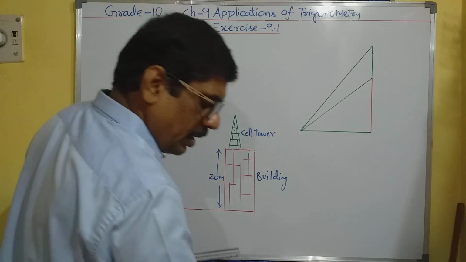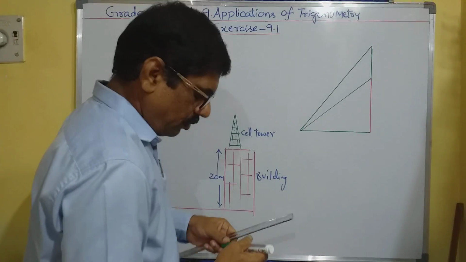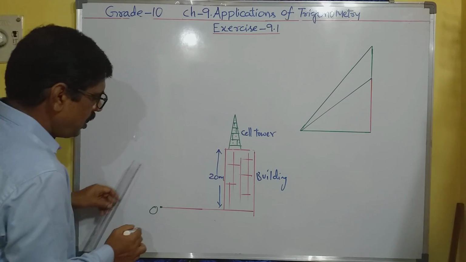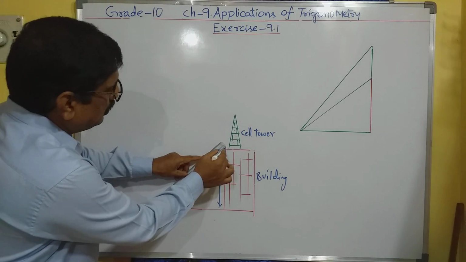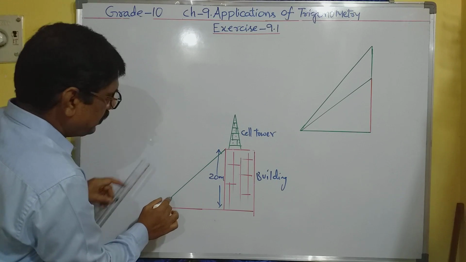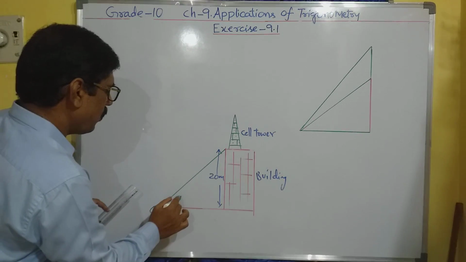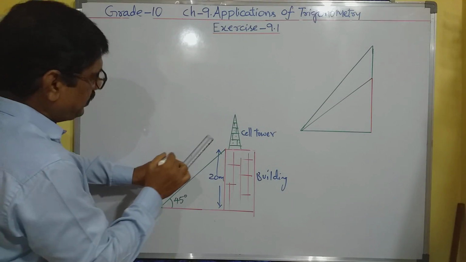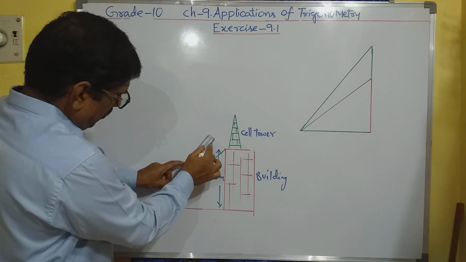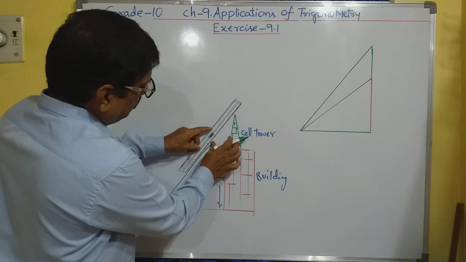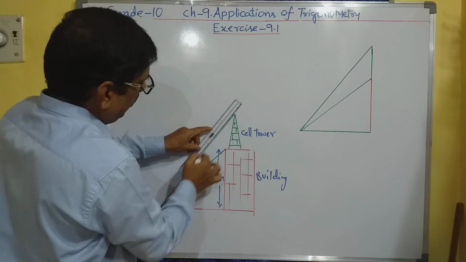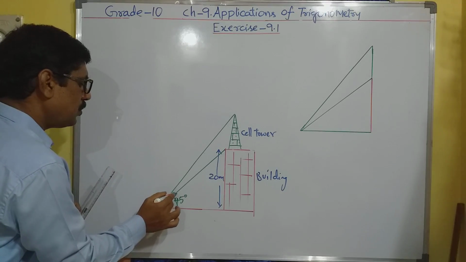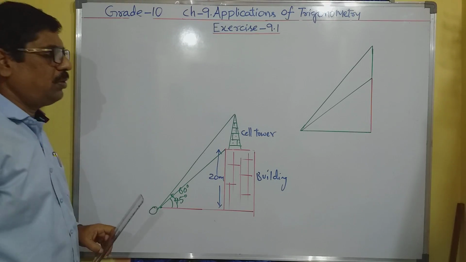When the observer observes from a point, if we look at the bottom of the tower, the angle so formed is 45 degrees. And when he looks at the top of the tower from the same point, the angle increased and it changed to 60 degrees.